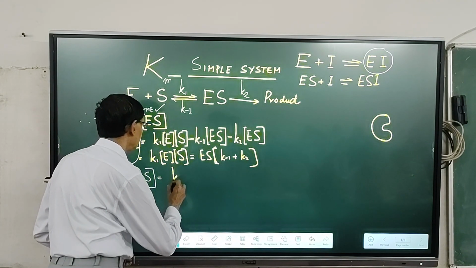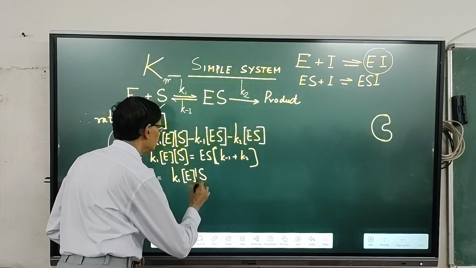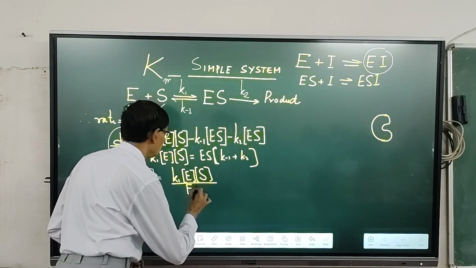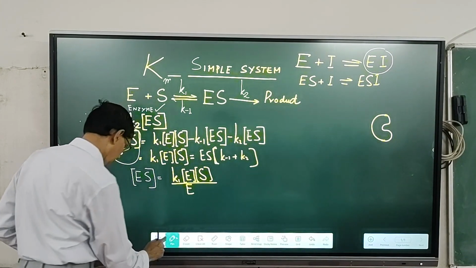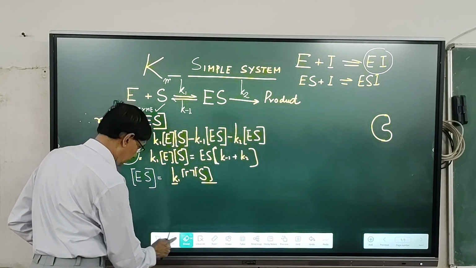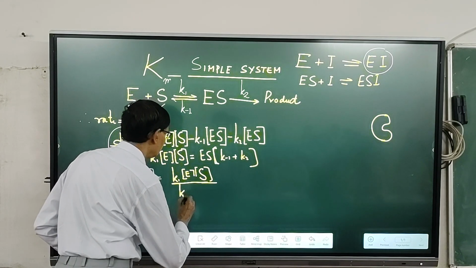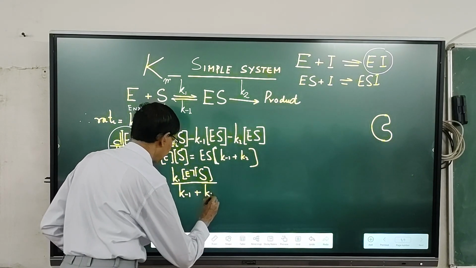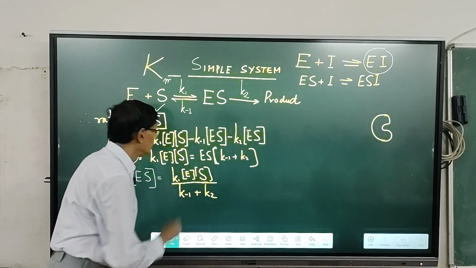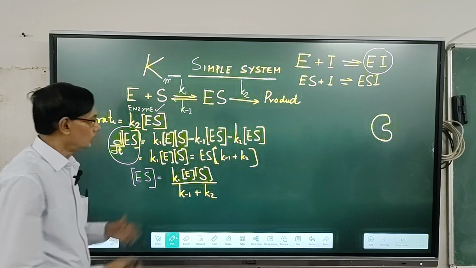Very simple. Now the last step. So we can substitute the value of ES from here. But before that, we will do one thing.